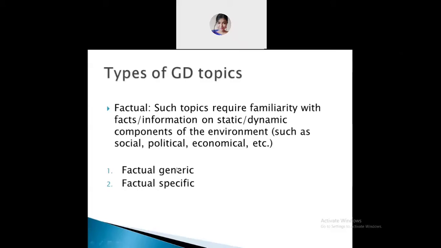So for example, cricket and India is a factual generic topic. It's a general topic. We all know about cricket, we all know about India. It is not a topic related to a specific or particular event. This is a general one.